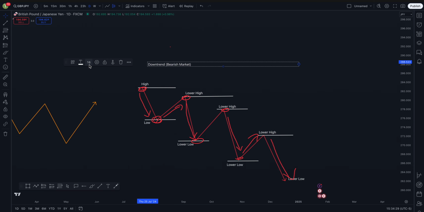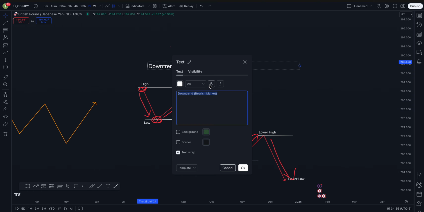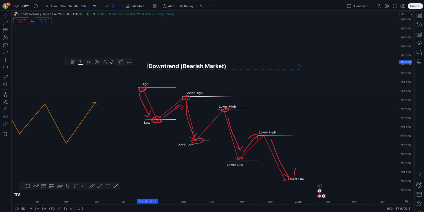So this now is a downtrend, because the market is moving in a downward direction, but as it moves, it creates lower high, lower low, lower high, lower low, lower high, lower low. This is what we call a downtrend.